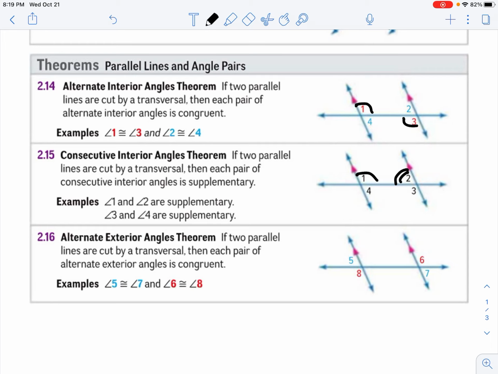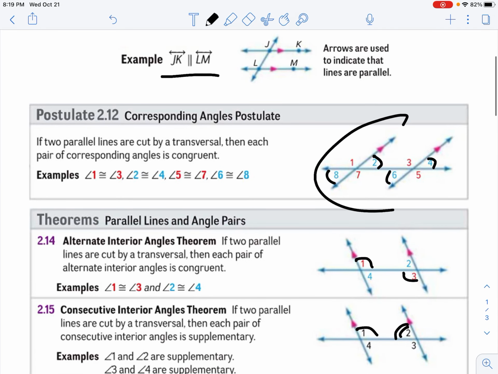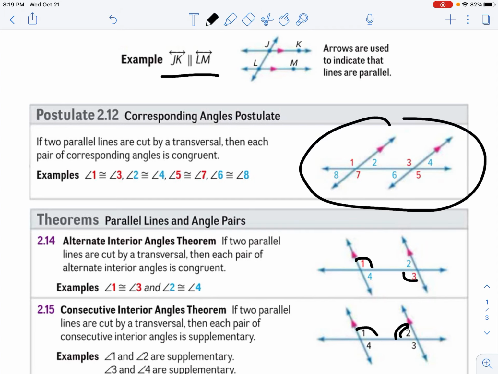And again, we go way more into depth with this in class, but as of now, if you pick two angles anywhere on this shape, they're either going to be supplementary or they're going to be congruent. That's a fact, and that's a big fact.